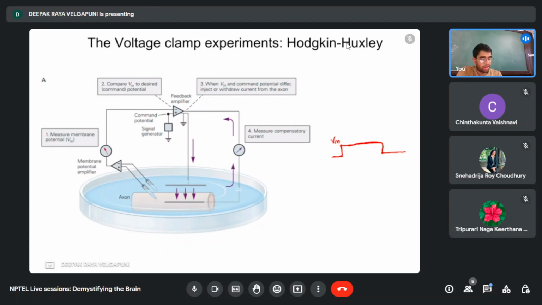As I change the command potential, you can see how the ionic current movements are happening across the membrane, and you can characterize each part of it. Like the parameters you have seen, GNa, GK, and the form of the action potential, all of those can be characterized, and this is exactly what Hodgkin and Huxley did. This is the voltage clamp experiment.